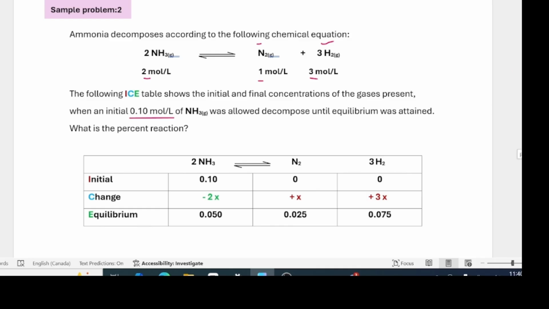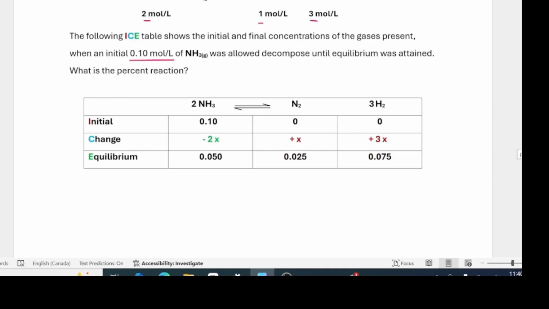They will give you the final concentrations. So we started off with that, and just to review for you how they change, you're going to get 2x of that decomposing to give you x of that because it's 1 here, and you're going to get 3x of that because of the 3 there. When the mixture is analyzed at equilibrium, these are what were found to be present.